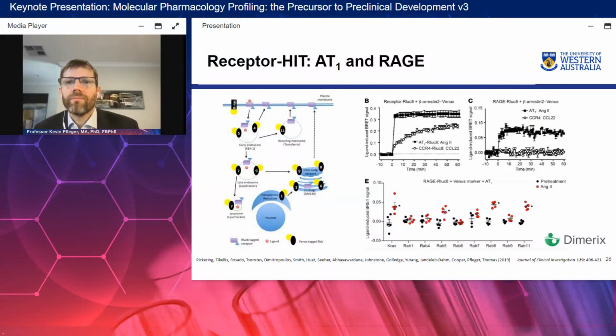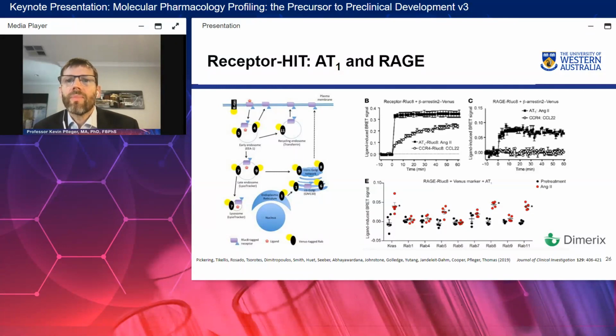However, when we look at the RAGE biosensor recruiting arrestin proximal to it, that occurs when you activate the angiotensin receptor with Ang2, recruiting the arrestin proximal to RAGE Rluc8.